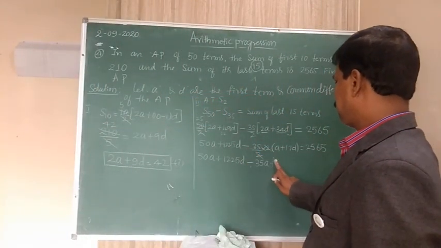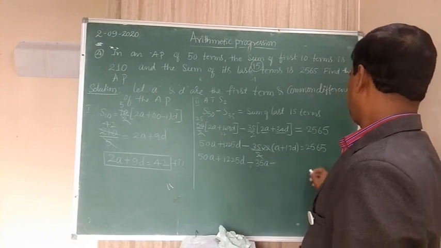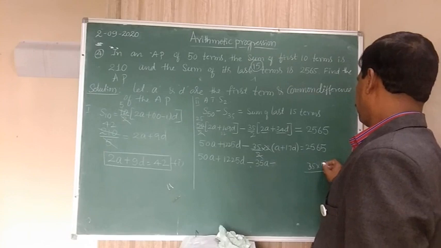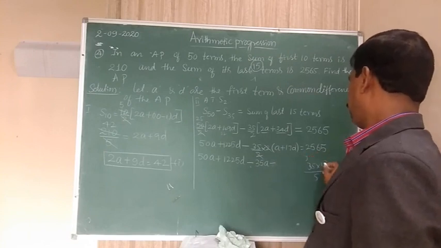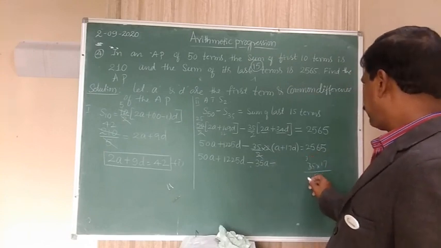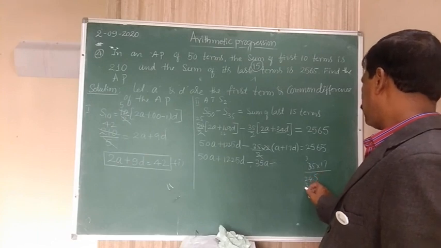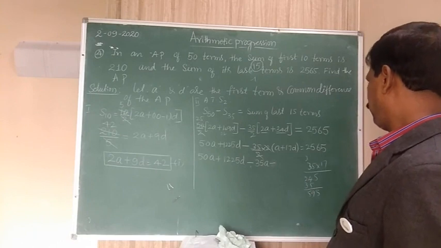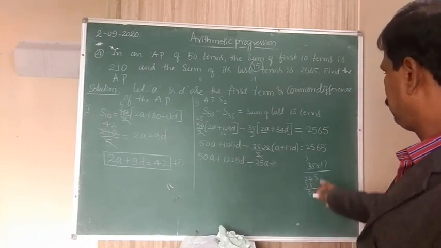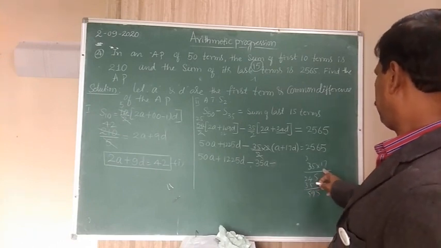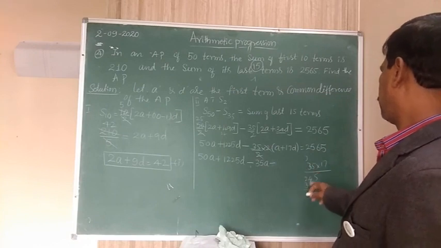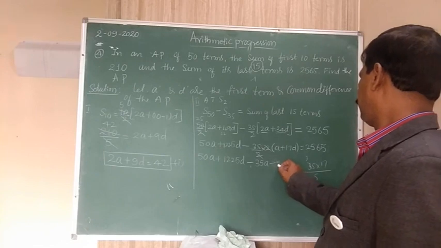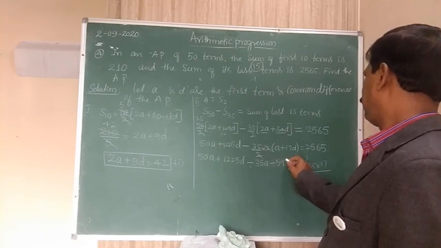Minus into plus is minus, so 35 into 17: 7 threes are 21, 3 is 24, and 35, this is 595. Is it clear? So 595d.